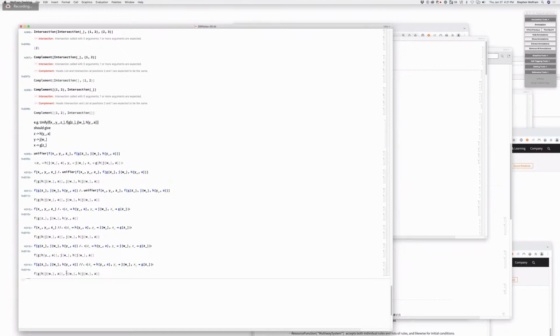In other words, is this like a confluence property for term rewriting? I bet it is. I bet the only thing you can say for sure is that, yeah.